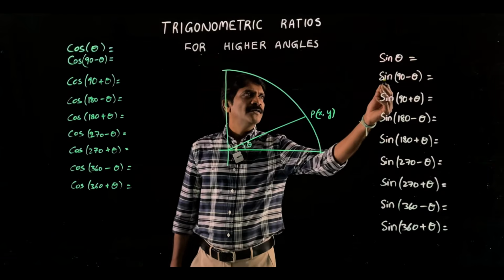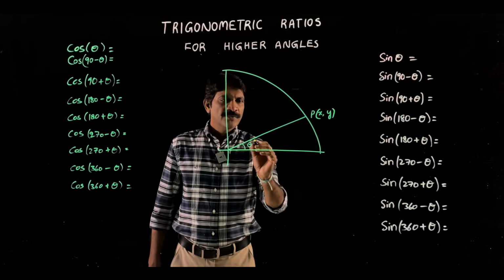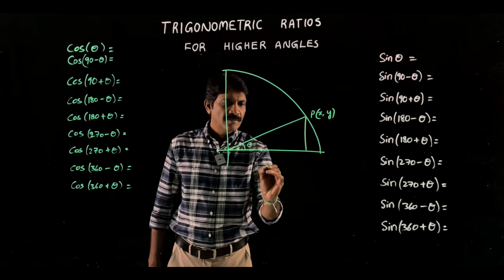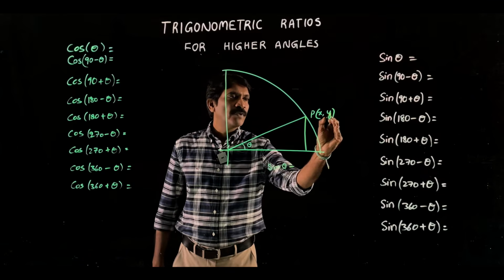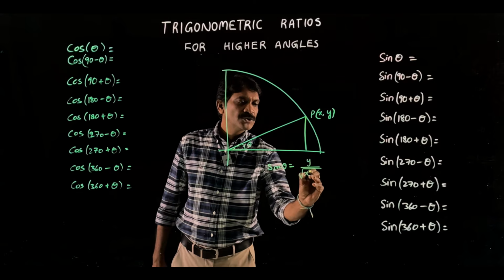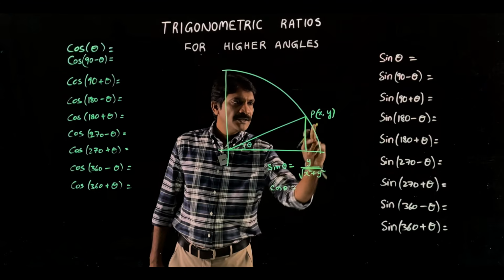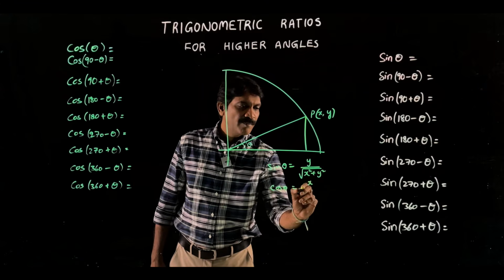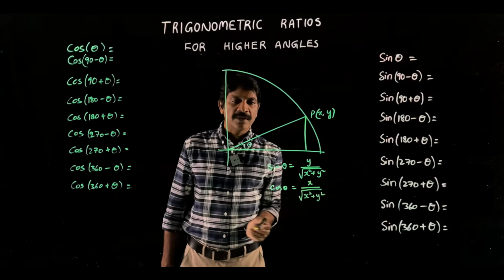method, let us find sin 90 minus theta and cos 90 minus theta here. For this triangle, we already discussed that sine theta is y by under root x square plus y square, and cos theta is x by under root x square plus y square.